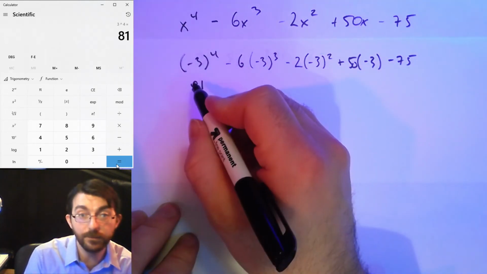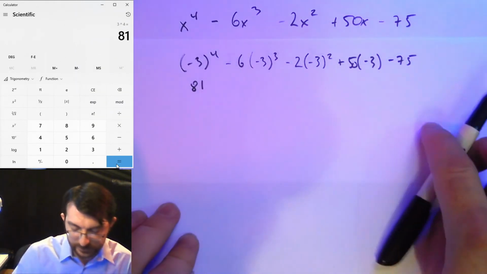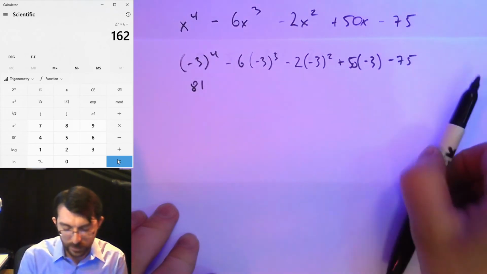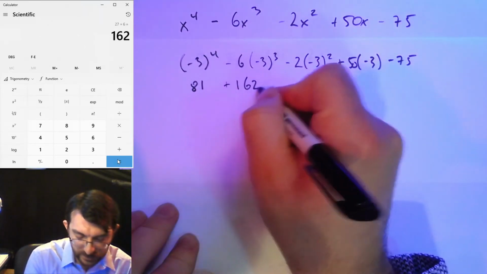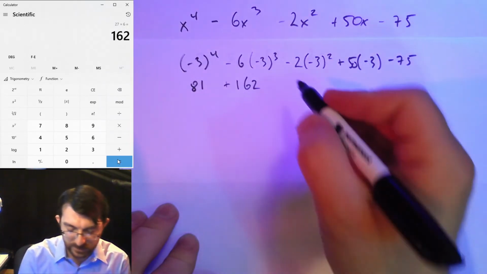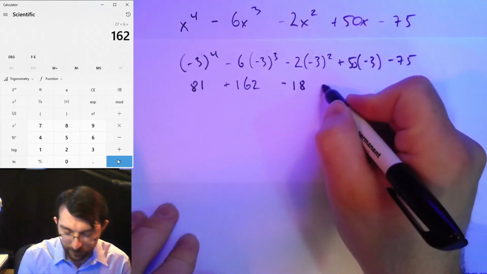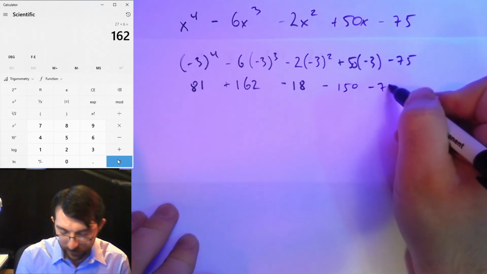It's negative, but it's even, so it stays positive. Now minus, see, 3 cubed is 27, but when you multiply that by 6, you get 162. This is minus negative, so plus 162. 3 squared is 9. This would be minus 2 times 9. That's minus 18. 50 times -3 would be minus 150, and then minus 75.